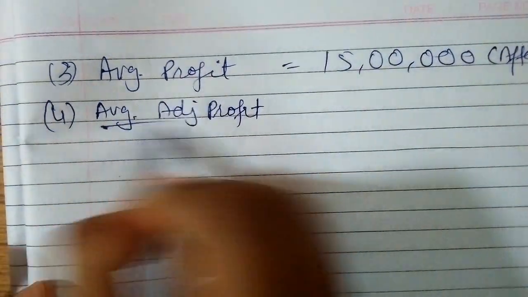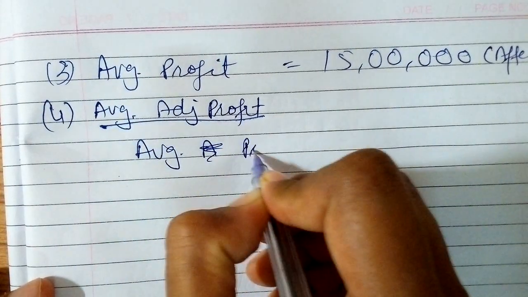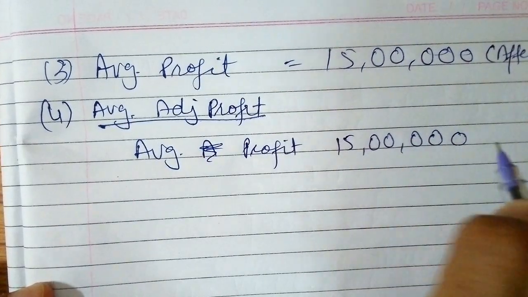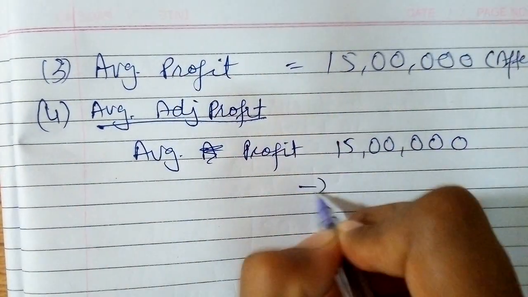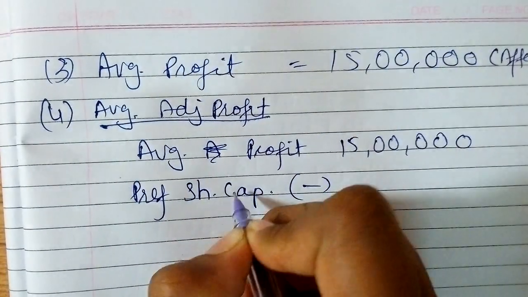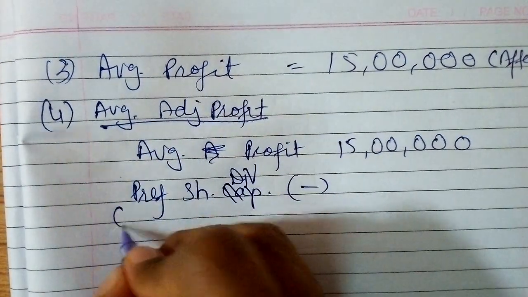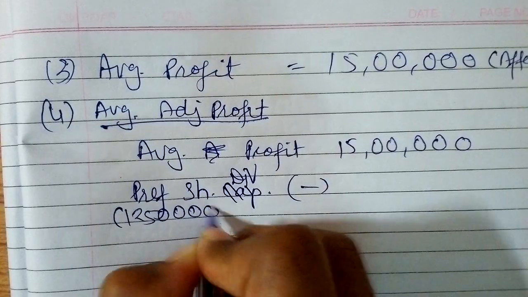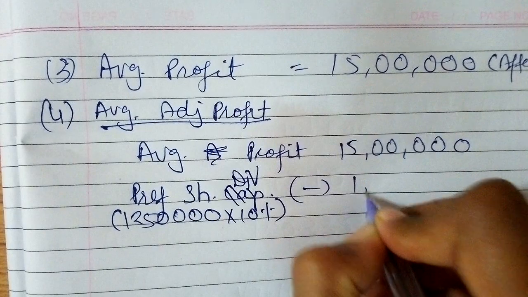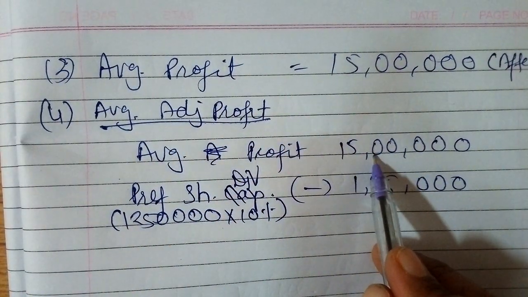So for average adjusted profit, let us take average profit first, that is 15 lakhs, right? Then we only have to deduct preference share dividend, that is 12,50,000 into 10%. So that would be 1,25,000, as this is after tax.